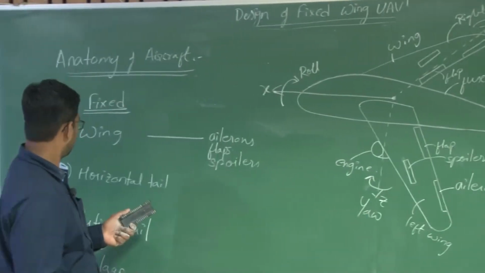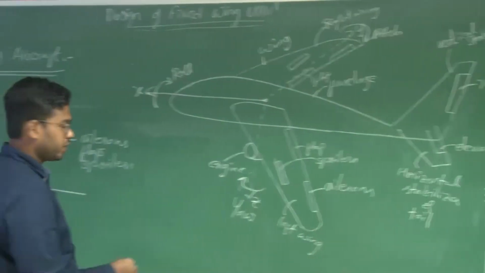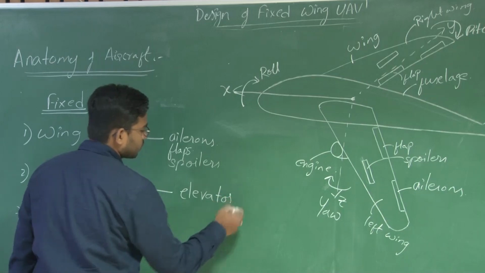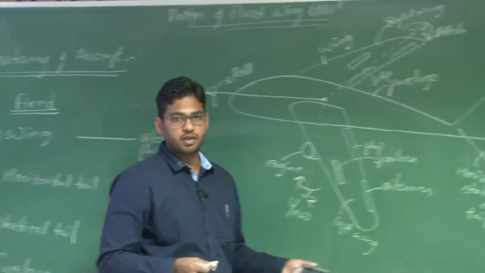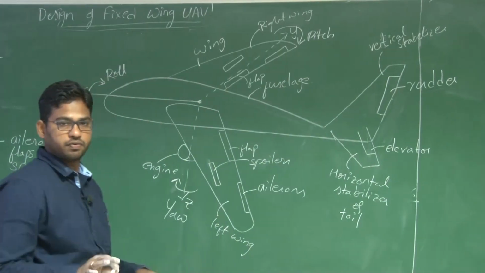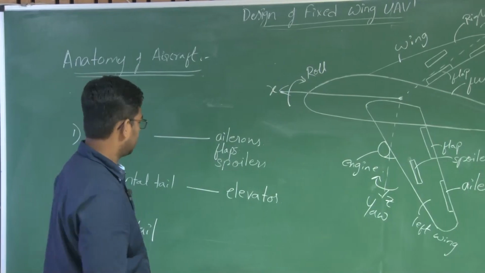Okay. And how about horizontal tail? What you have is an elevator. It can be a split elevator as well, right? You can have split elevators to have the differential control right there.